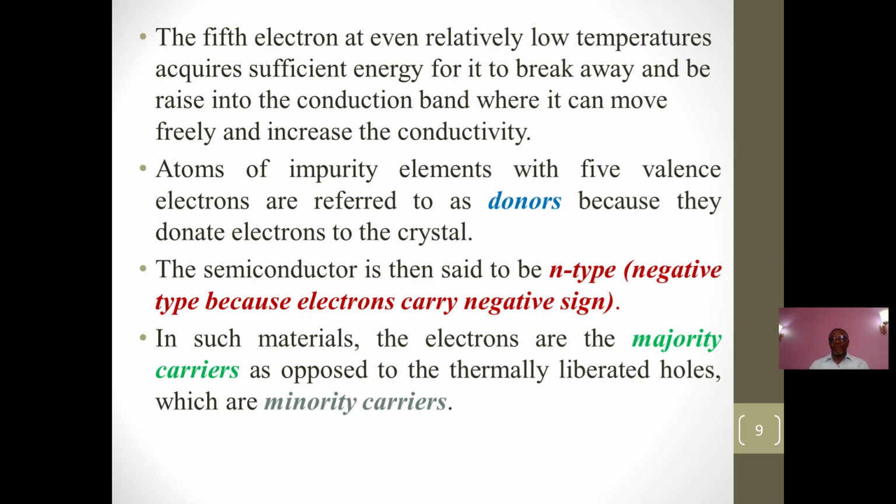Then, when they form the covalent bond, the 4 from germanium and the 4 from antimony will form a bond. One that is looking for another to form a bond will be free, waiting for anything to happen.